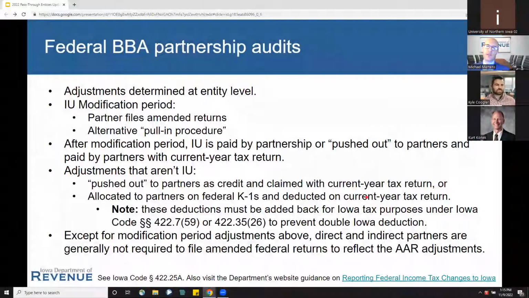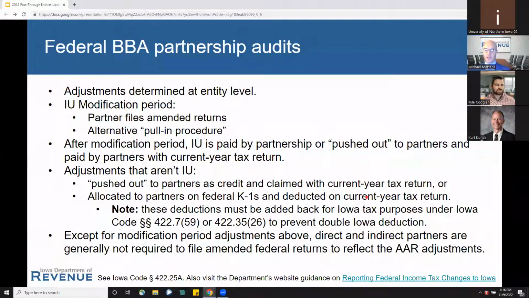So let's then shift to talk about partnership audits, which are even more complicated than partnership AARs. A BBA partnership that is audited by the IRS at the federal level, those adjustments are all determined at the entity level.